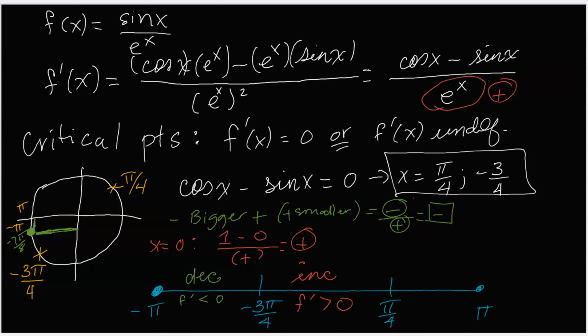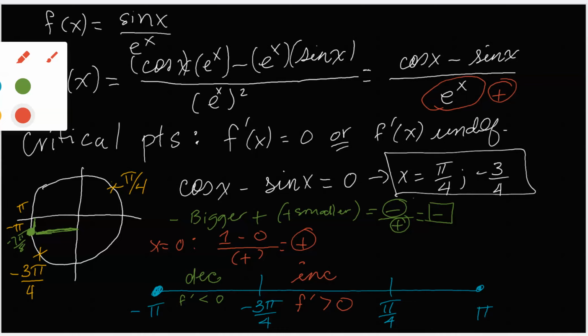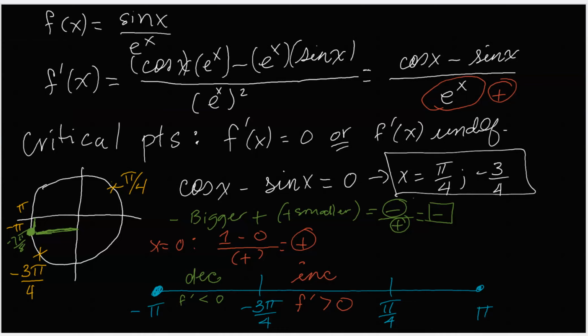And then we look at a value between pi over 4 and pi. Let's call it pi over 2, which is this point up here. Cosine is 0, so we would have 0 when x is pi over 2. What we have is 0 minus 1, all divided by a positive number, and that would be negative on the numerator divided by a positive.